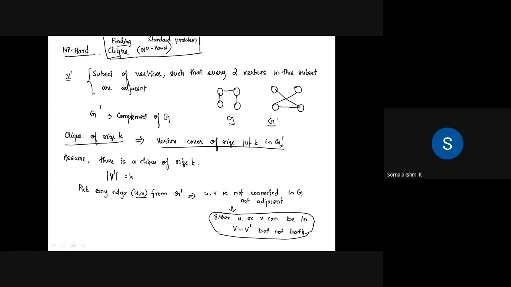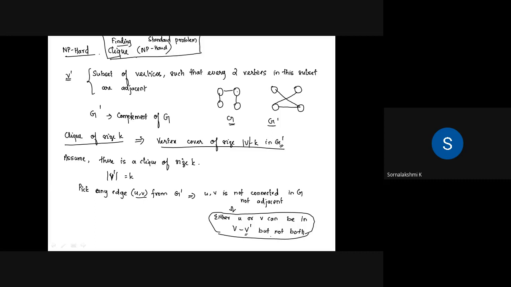Because if both of them were there, that would mean they are adjacent. They are not adjacent because we are taking this U comma V edge from the complement graph, so in the original graph they are not connected. So both of them together cannot be in the clique. One of them has to be outside the clique. One can be inside the clique, but one of them should be outside the clique. That is the concept.